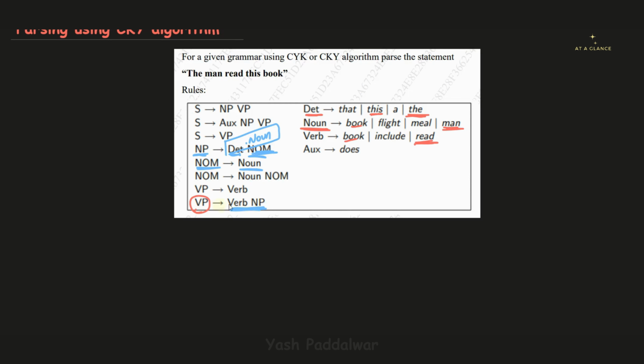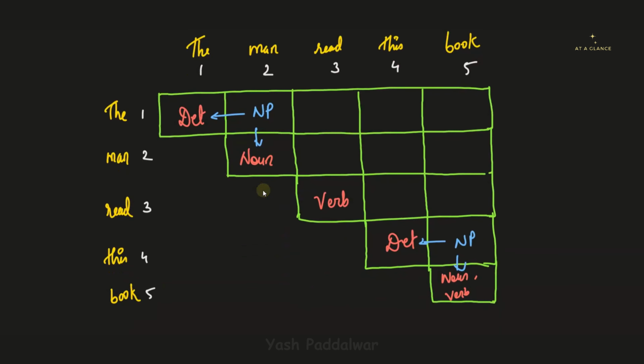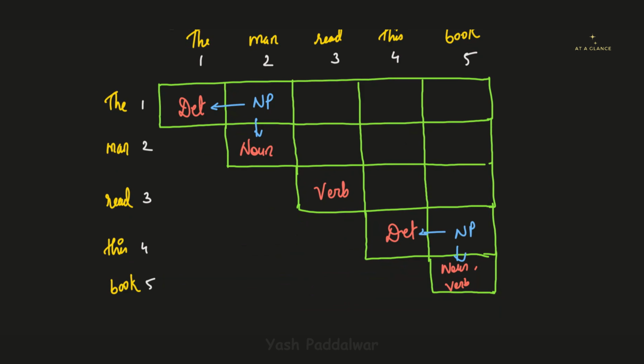So, according to this particular rule, we can simply combine these two, verb and NP. So, let's do that. Verb and NP. It forms verb phrase, that is VP. Now, since verb is already done, we are done with this particular level.